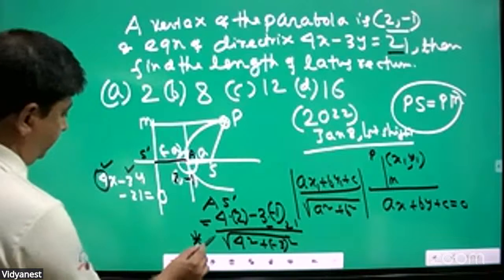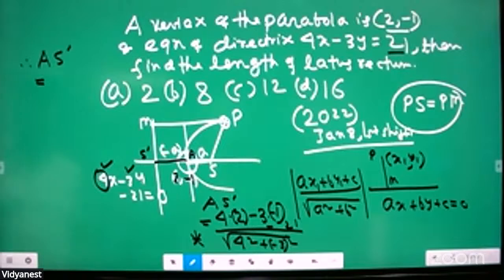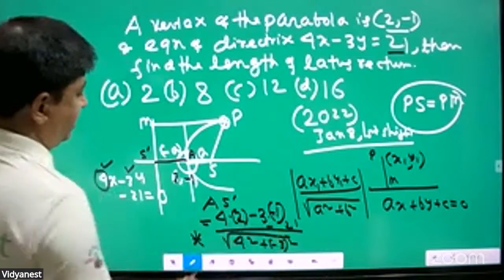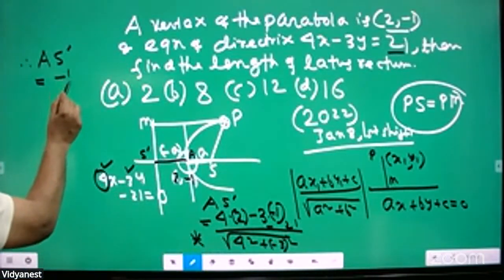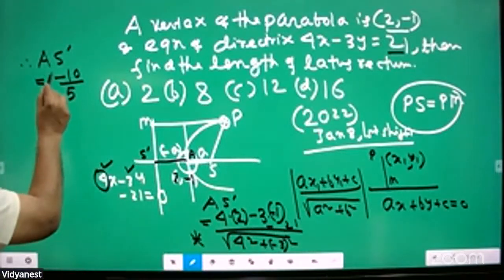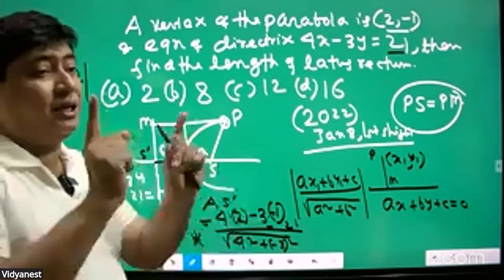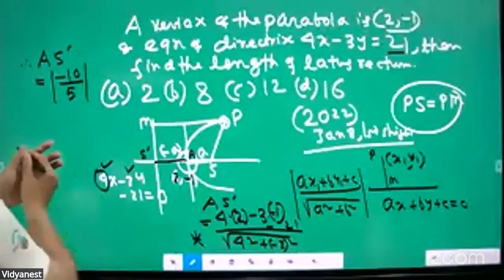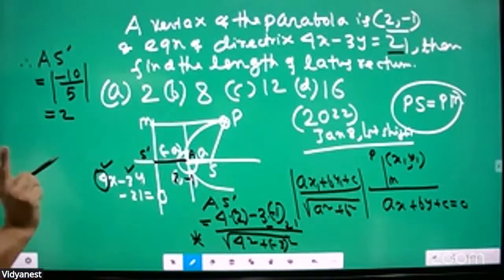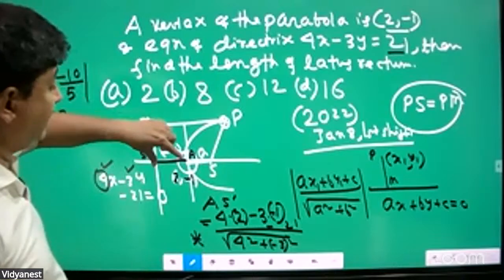Therefore, we have got A S dash is what? 8 plus 3, 11 minus 21, minus 10 by root of 4 square plus 3 square, 25, 5. I have put mod sign. Why? Distance cannot be negative. So it will be 2. So what is the length of this? 2. Yes or no? Now this is a.